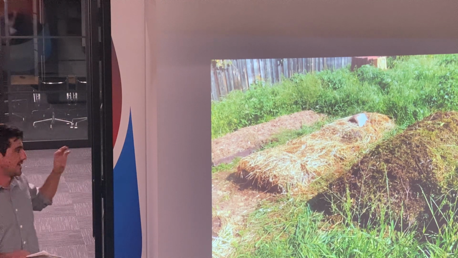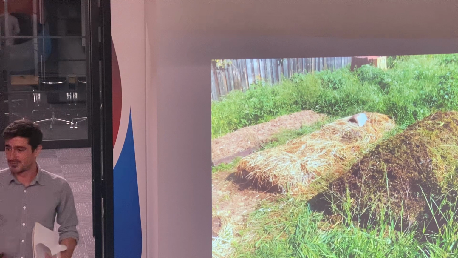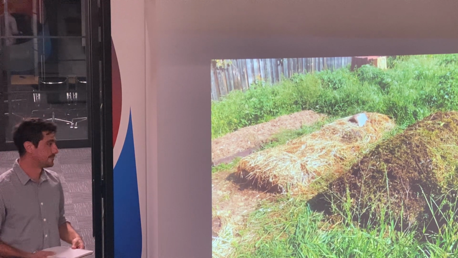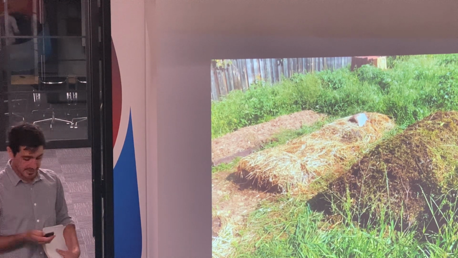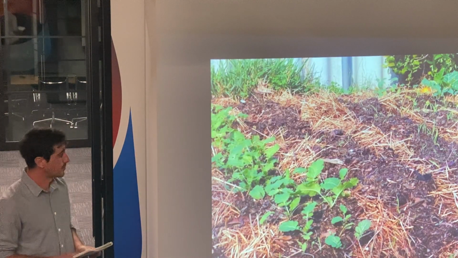In this situation, we don't need to aerate the compost because it's on the surface, it will always be aerated. And also, we're going to start planting on top of it pretty much straight away.